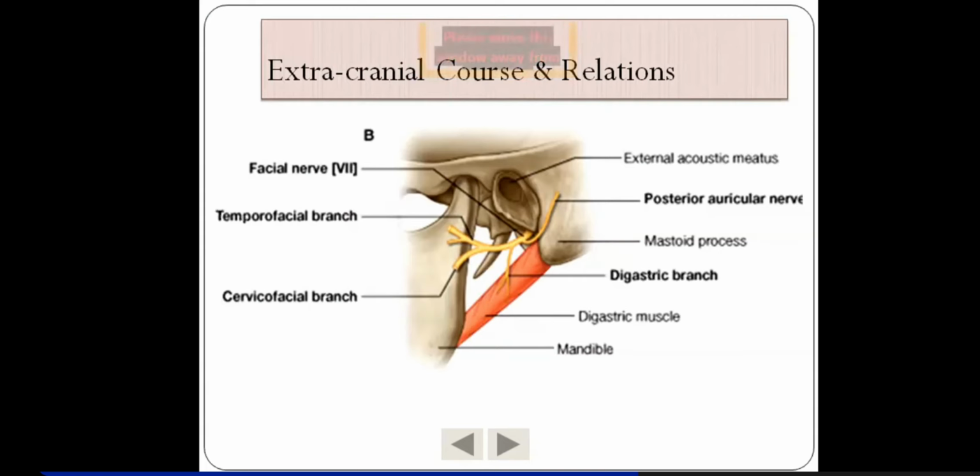And here it will be the stylomastoid branch of the posterior auricular artery, right? Or sometimes a branch from the occipital artery, which enters here to supply the facial nerve in this canal. Okay, so it has a blood supply, and that has a role in Bell's palsy. Ischemic injuries can happen here.